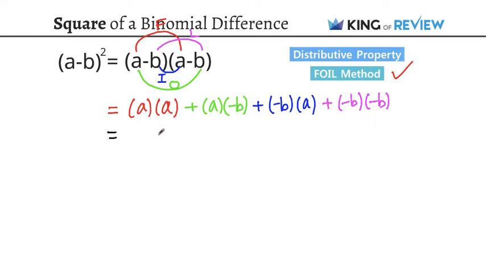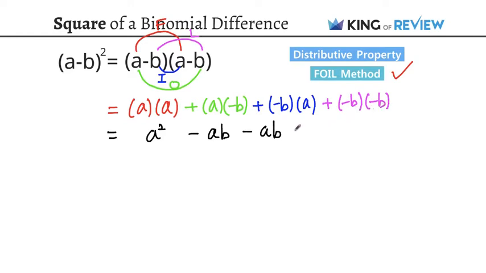A times a, that's equal to a squared, and a times negative b, that's positive times negative, that's equal to negative, right? So this is equal to negative ab, right? And negative b times positive a, this is also negative ab, right? And negative b times negative b, negative times negative, that's equal to positive.